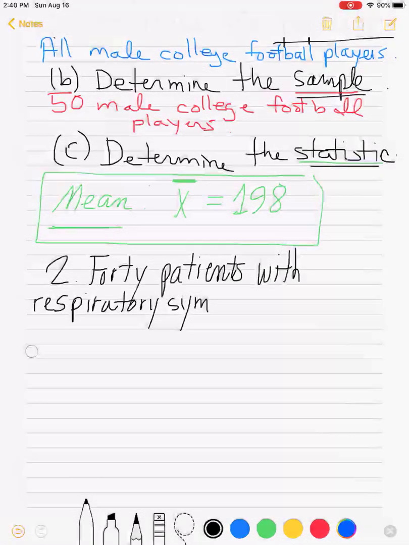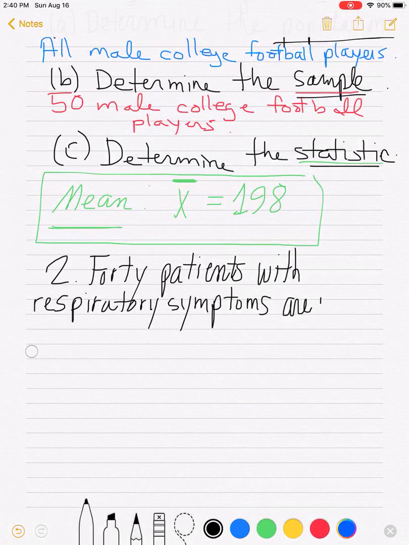So what are respiratory symptoms? That means coughing, sneezing, difficulty breathing, runny nose, that kind of stuff. 40 patients with respiratory symptoms are randomly selected.